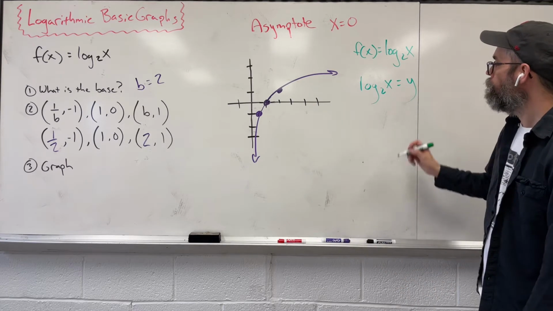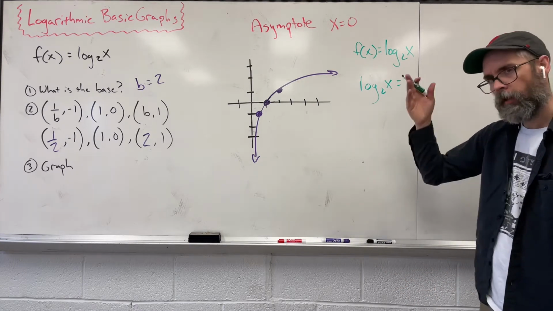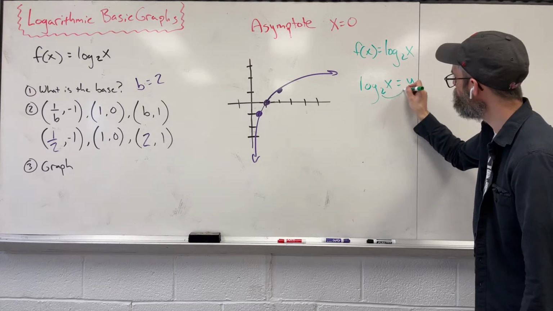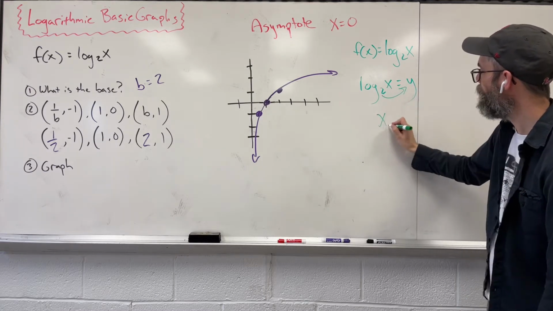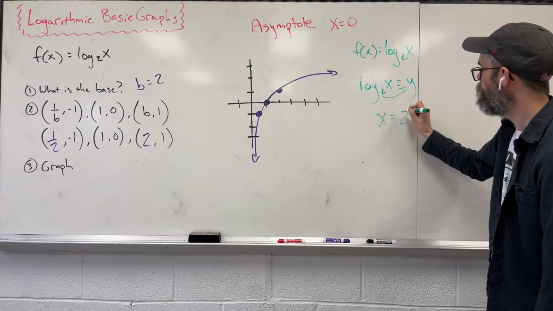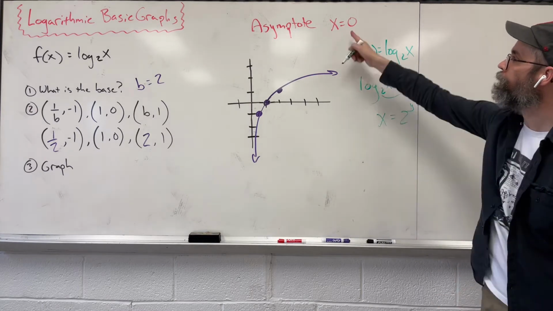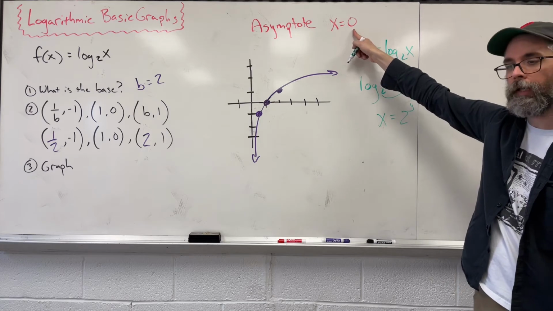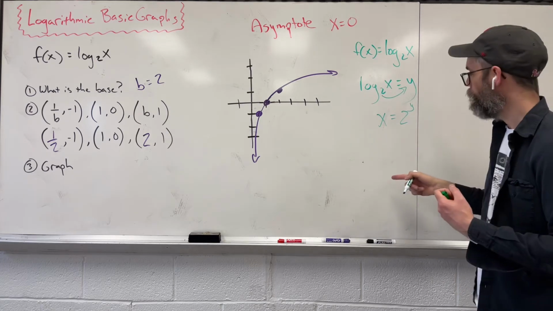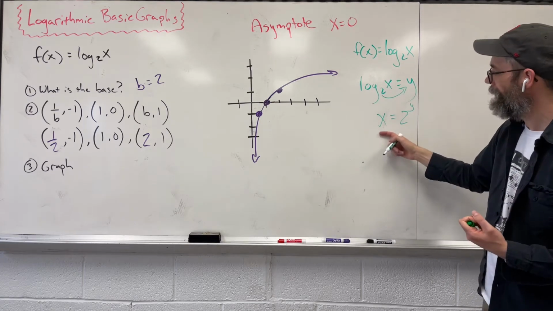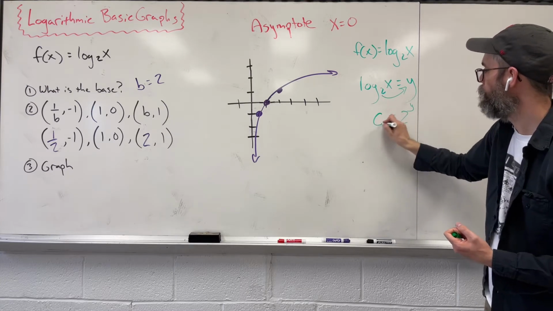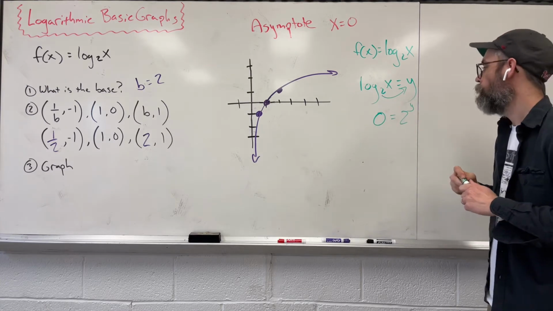Okay, well, remember to change from log to exponent, we take our base and we shift it over and we're saying x equals 2 to the y power. Okay, why are we even doing this? Well, we're saying that we can't hit 0, right? Let's take 0 and can I get an answer of 0? Is that possible?